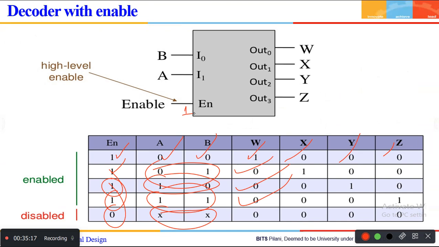One important concept you have to remember, this enable can be either 1 or 0. It need not be always 1. If enable is 0, you can see there will be a bubble here. So if enable is active low, that is called active low. If enable is active low, can you tell me what changes I have to do in this truth table?